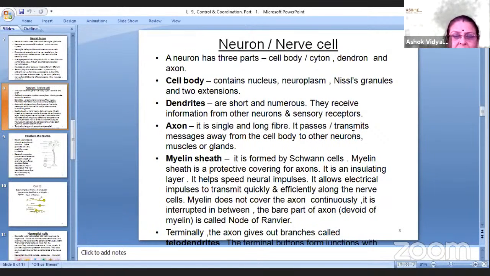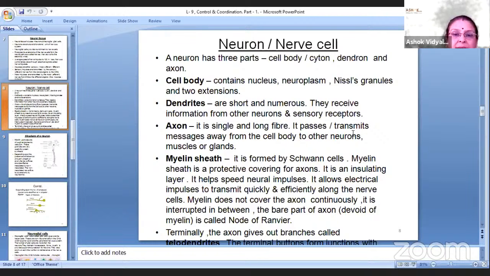Now let's understand again. It is formed by Schwann cells. The myelin sheath is a protective covering for axons. It is an insulating layer. It helps speed neural impulses. It allows electrical impulses to transmit quickly and efficiently along the nerve cells. Myelin does not cover the axon continuously.